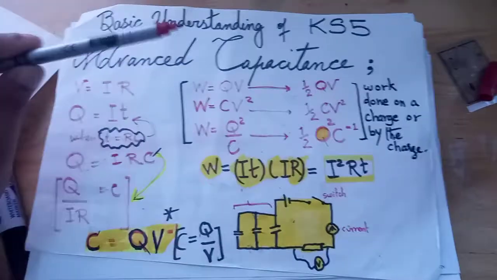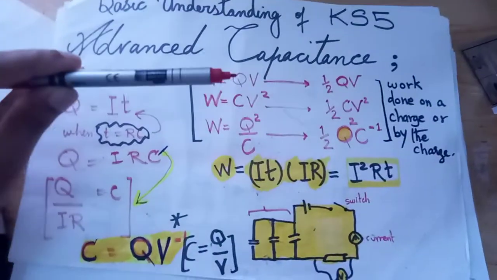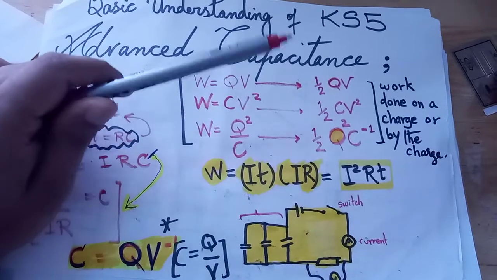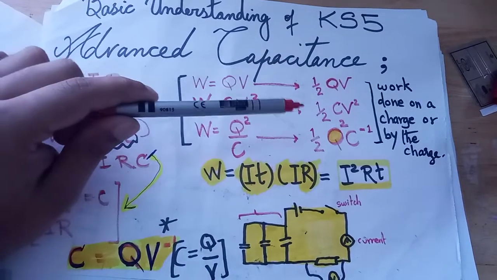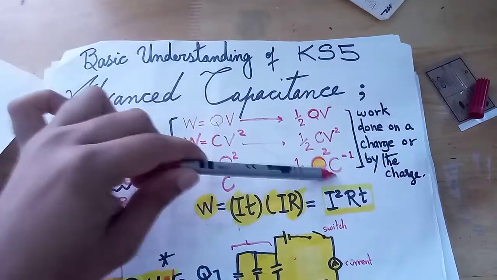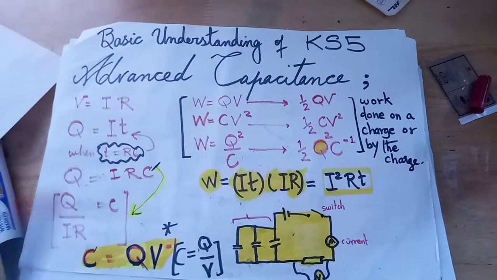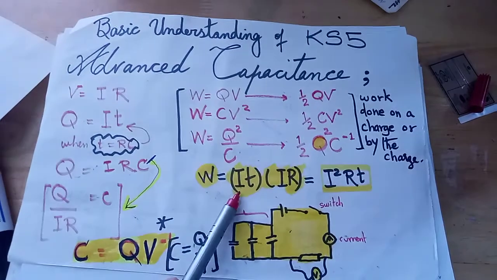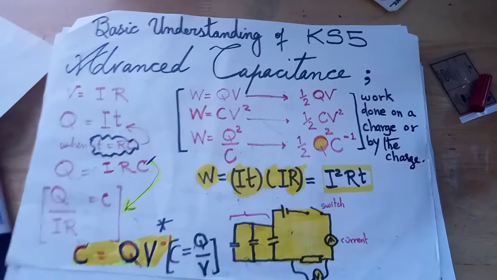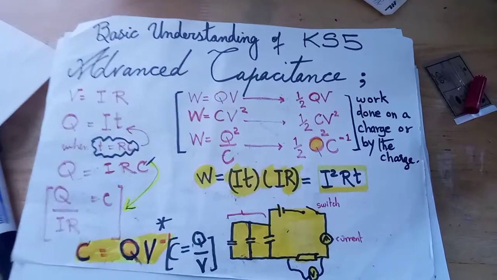And this is how we quantize the work done on the charge by the charge, and we also find the capacitance energy by halving it. The unit for this is joules, and we know that work done for electrical energy is I squared RT, or V squared over R into T, and then PT.